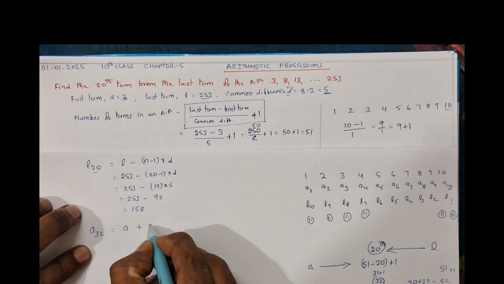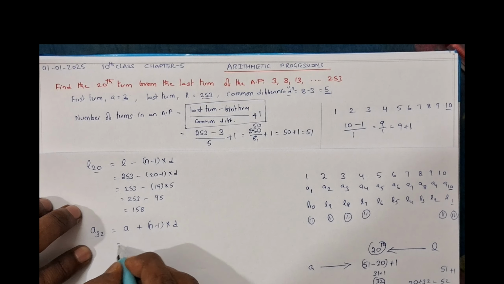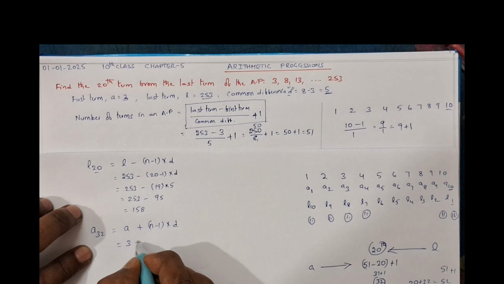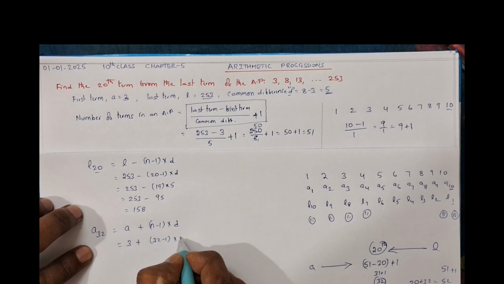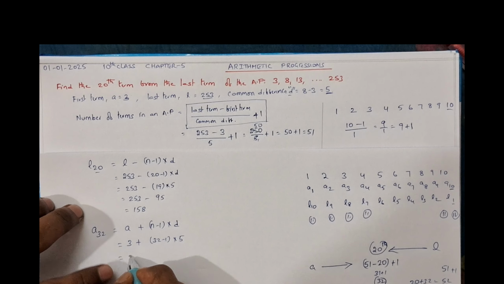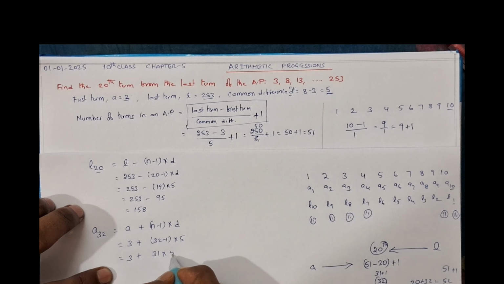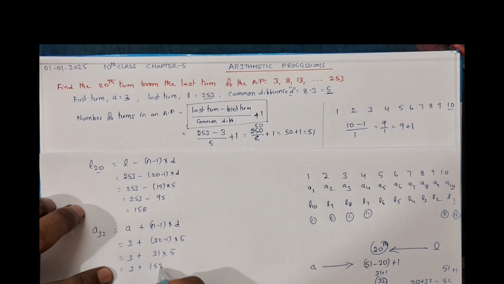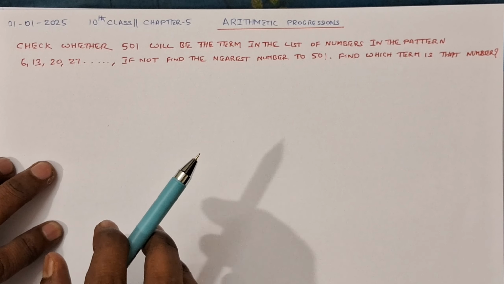So A plus n minus 1 into D. A is 3 plus 32 minus 1 into common difference is 5. 3 plus 31 into 5. That is equal to 3 plus 153, that is equal to 158.